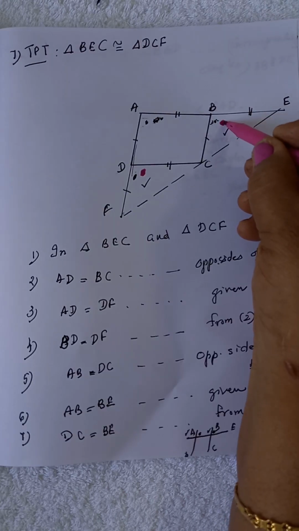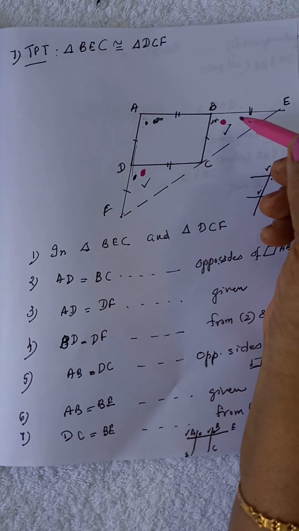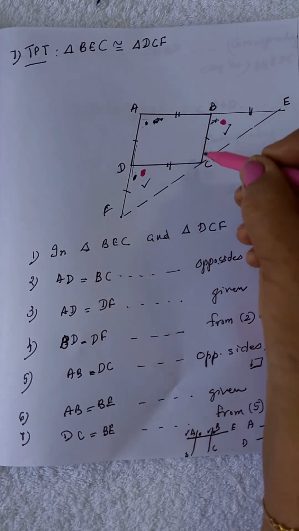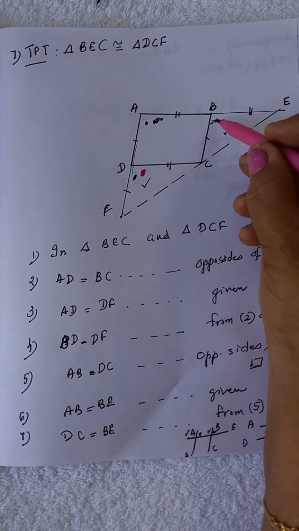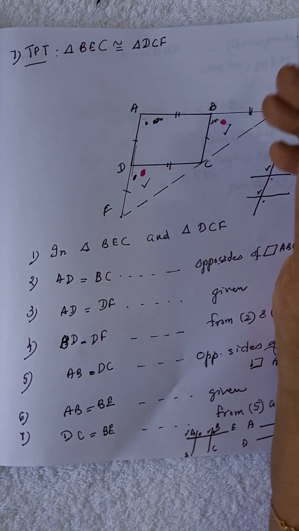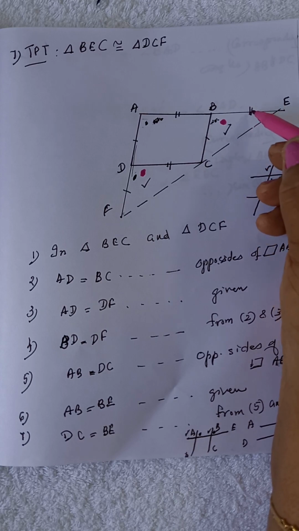We have considered these two triangles. In them we got this side and this side equal, then this side and this side equal, then this angle and this angle equal in those two triangles. So we can say that those two triangles are congruent by the side angle side test, that is the SAS test.